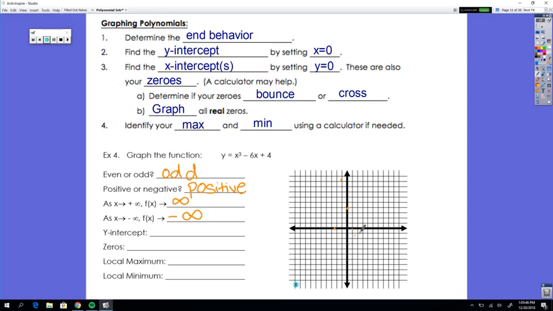And like I said, this is just straight from Desmos and your graphing calculator. So you're going to have something that looks like this.